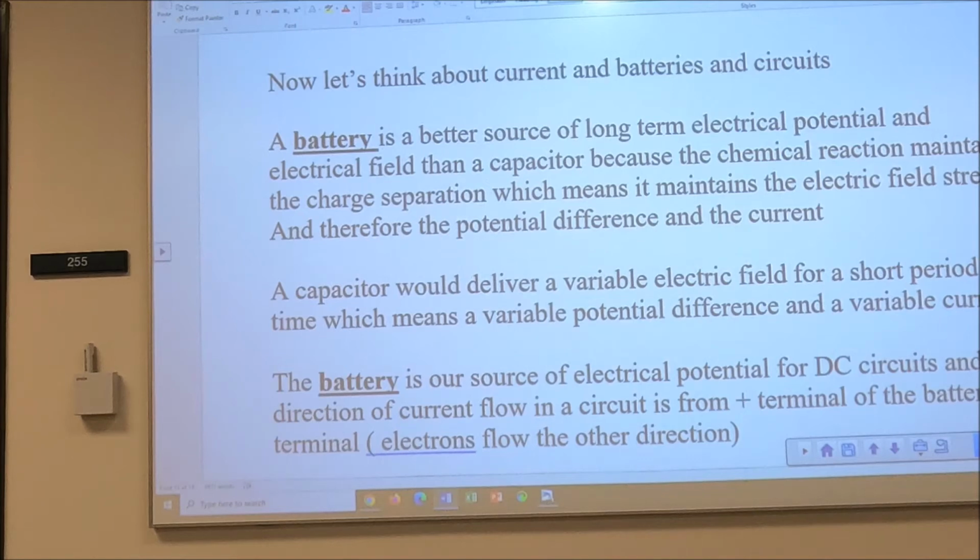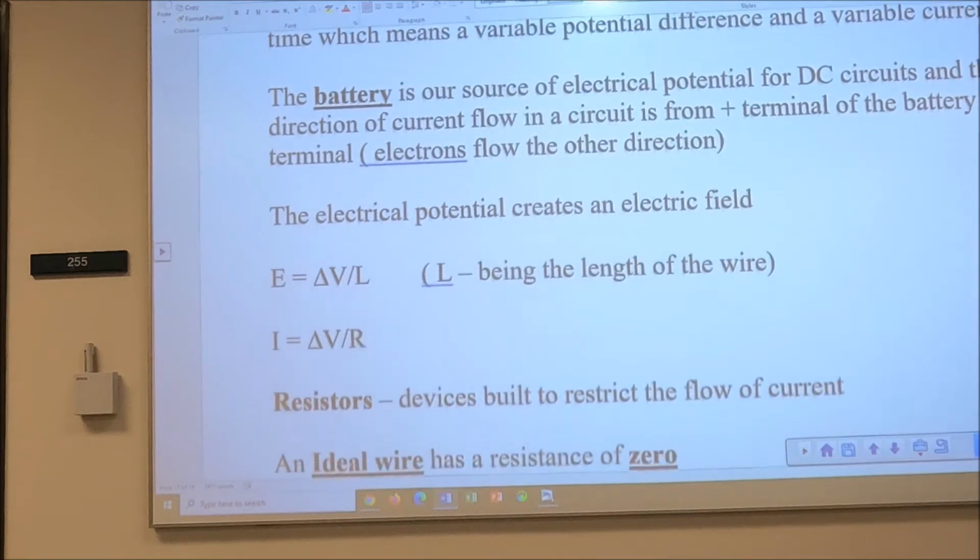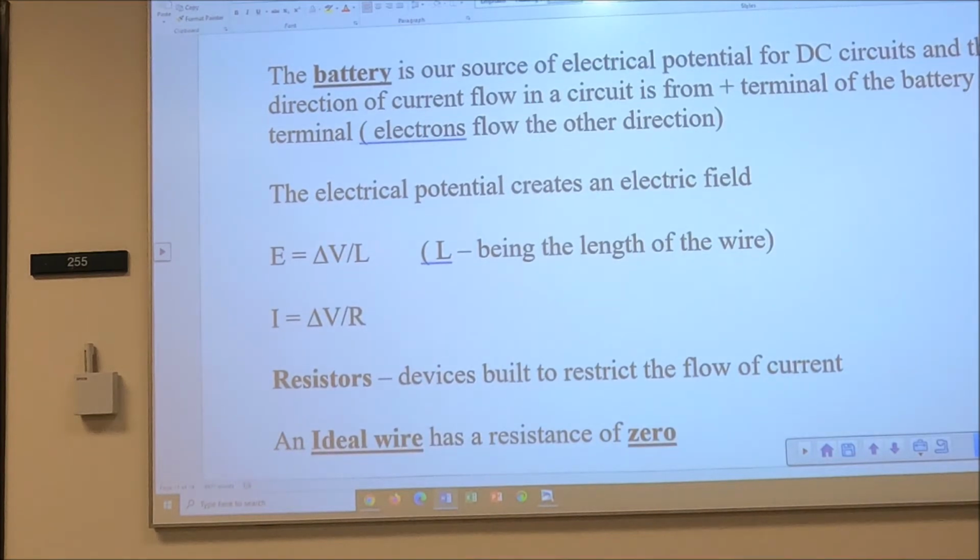A capacitor would deliver a variable electric field and a variable current over a very short period of time. So batteries are a better way to long-term deliver current. So we're going to concentrate mainly on batteries as our source of electrical potential and current.